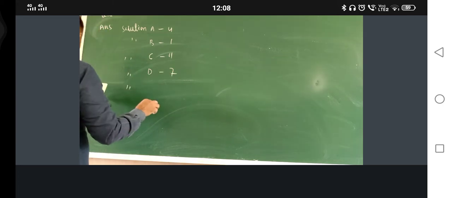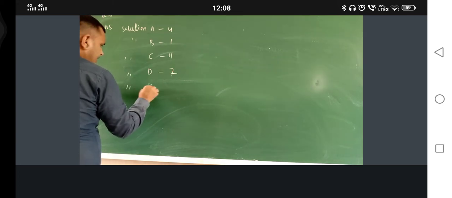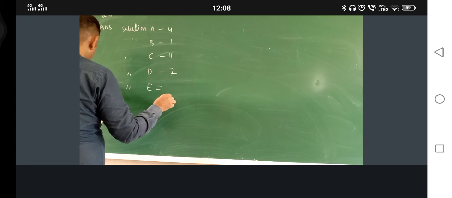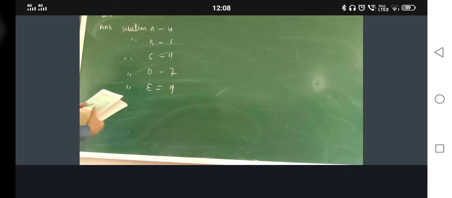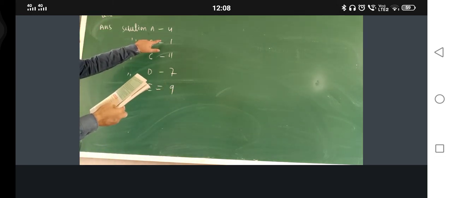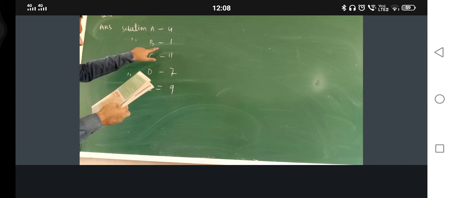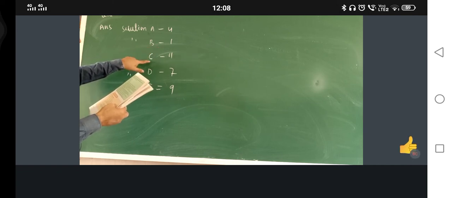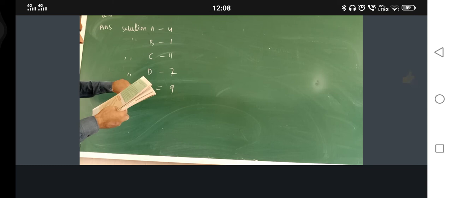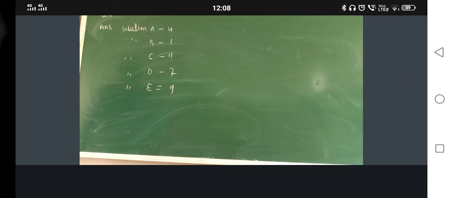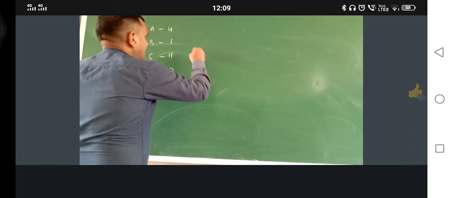Now what is the solution? pH is 9. Okay. So A has got pH 4, B has got 1, C has got 11, D has got 7, E has got 9. Okay. And now just see. So just see the answer.